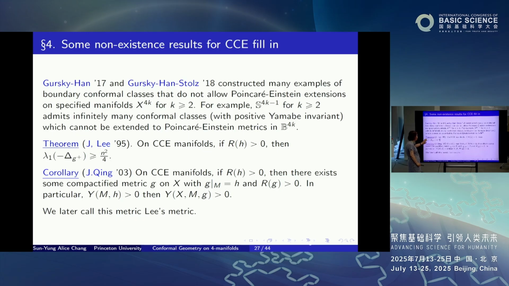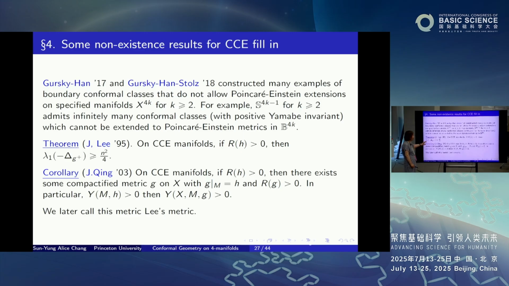And now let me also mention another result which is important, and that is on a conformally compact Einstein manifold, if the scalar curvature is positive, then the lambda 1 of the Laplace operator is greater than or equal to n squared over 4.